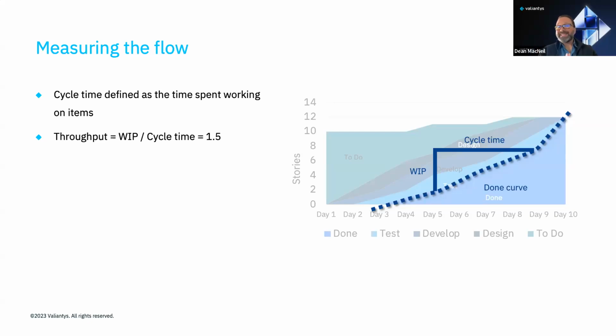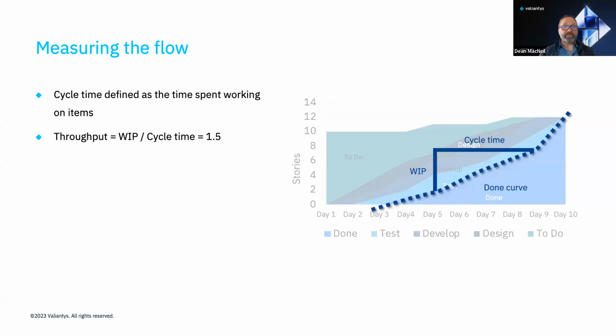Here we define cycle time as the time spent working on items and measure it along the x-axis from to do to done. Note that this is not the same as the broader lead time we'll discuss when measuring an entire value stream. And also note there's wide variation in the definitions of lead and cycle time.